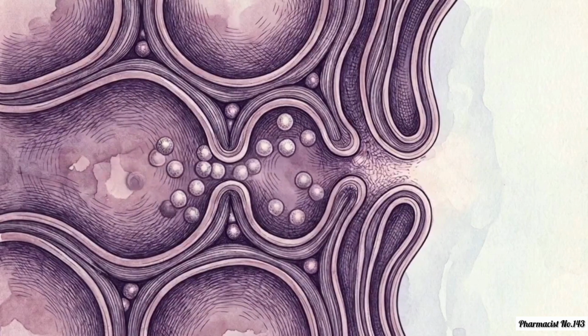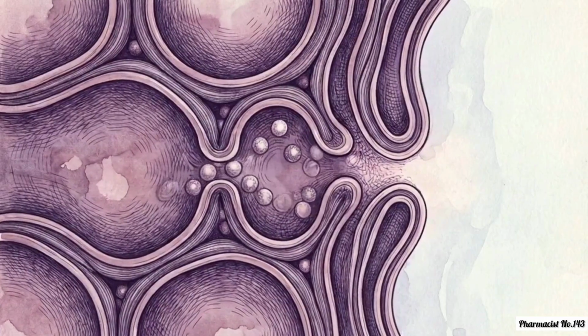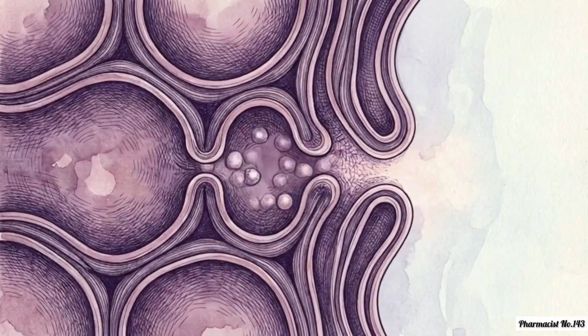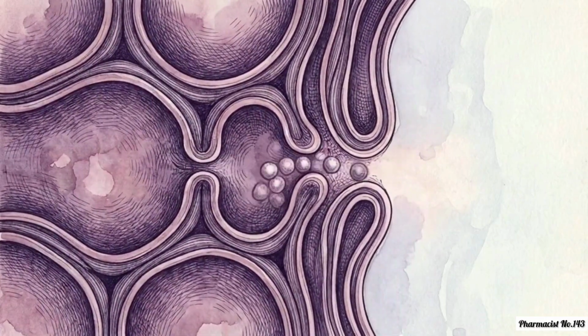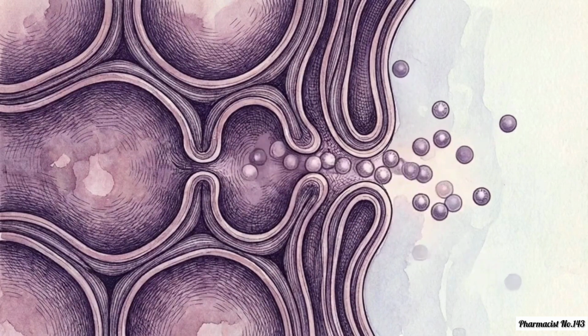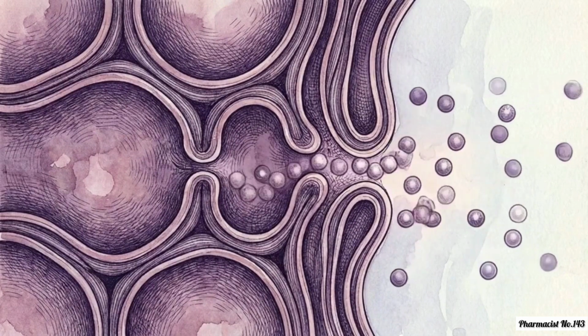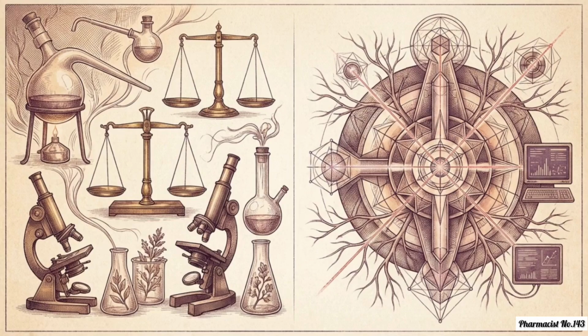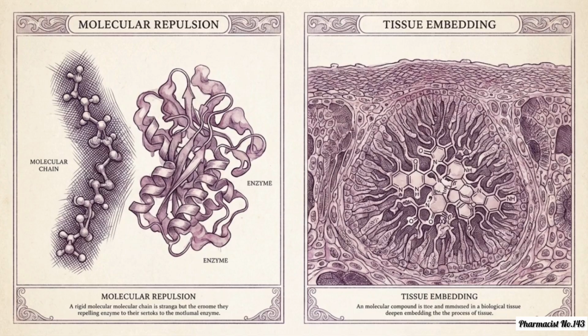Late-generation cephalosporins achieved a critical pharmacokinetic milestone, the physical ability to penetrate the blood-brain barrier and enter the cerebrospinal fluid to treat severe neurological infections. The clinical generations represent a decades-long chemical arms race. Pharmacologists repeatedly sacrificed absolute gram-positive potency in exchange for broad enzymatic invulnerability and deep tissue penetration.